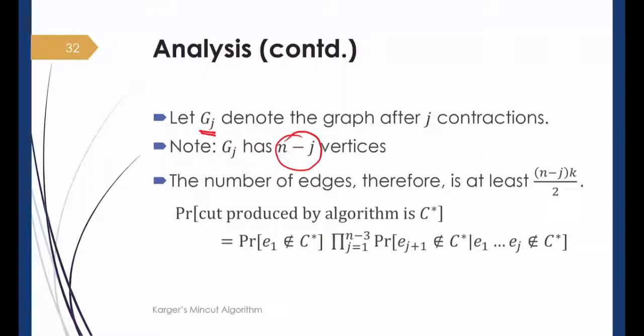So the total degree is at least n minus j times k. Each edge contributes 2 to the degree, so the number of edges must be at least n minus j times k divided by 2.